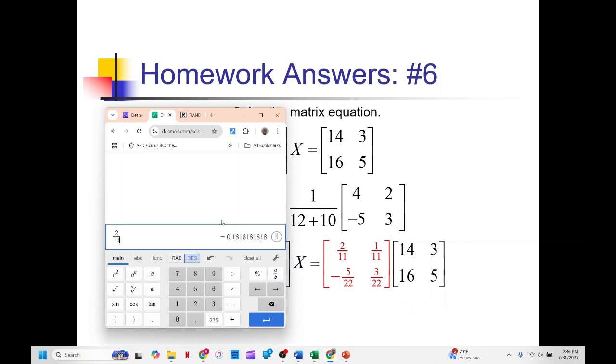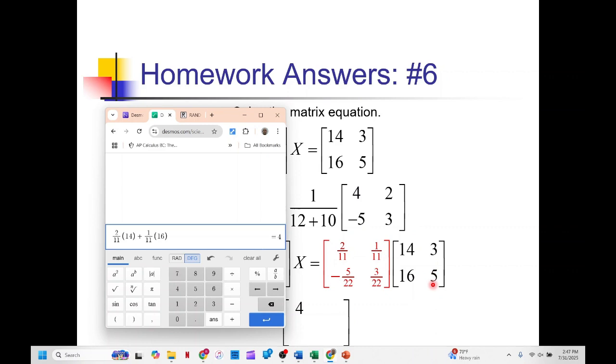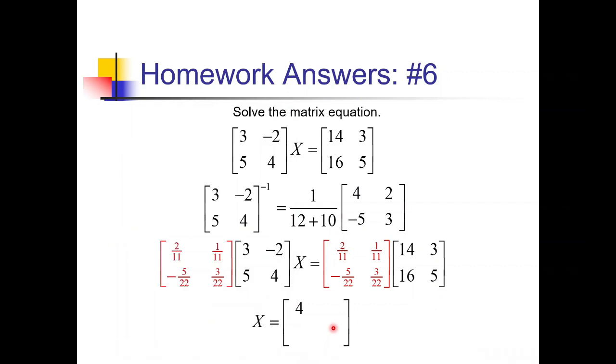So we have 2 over 11 times 14 plus 1 over 11 times 16, and that comes out to exactly 4. So we've got 4. And then let me do that row times the second column. So 14 and 16 I'm just going to replace with 3 and 5. And then the total result from that is going to be 1.